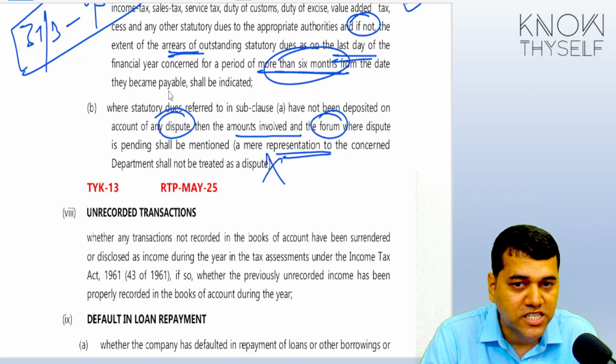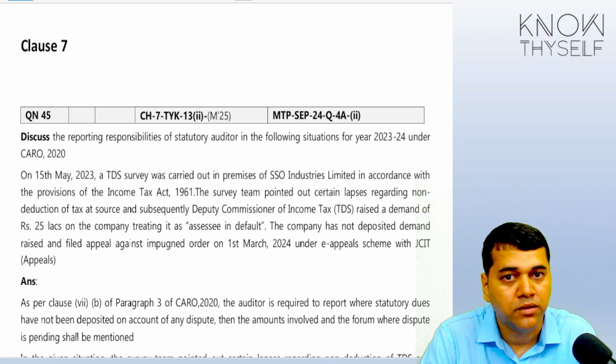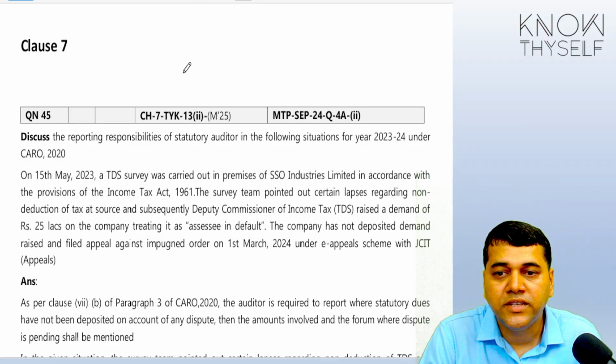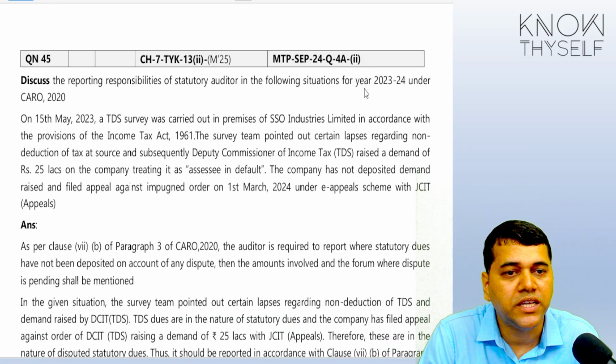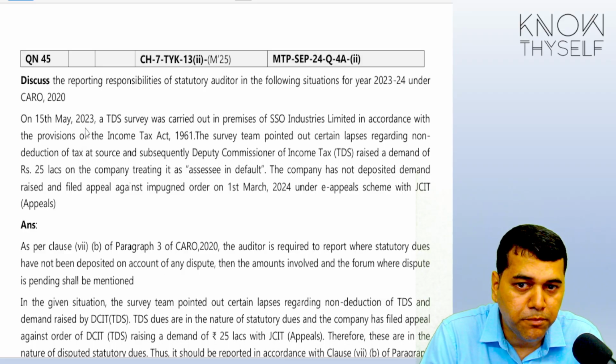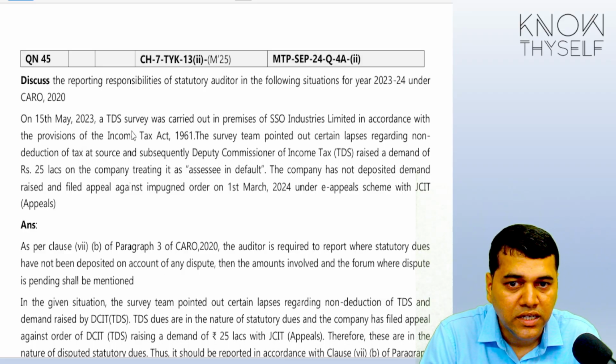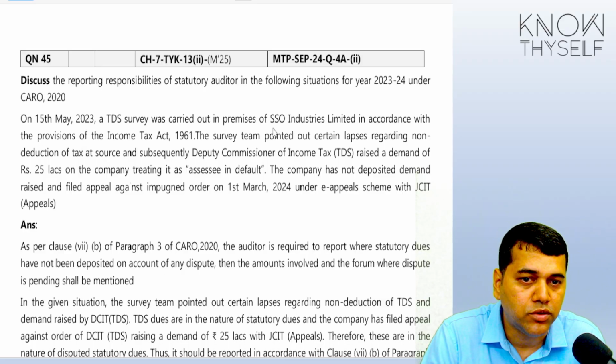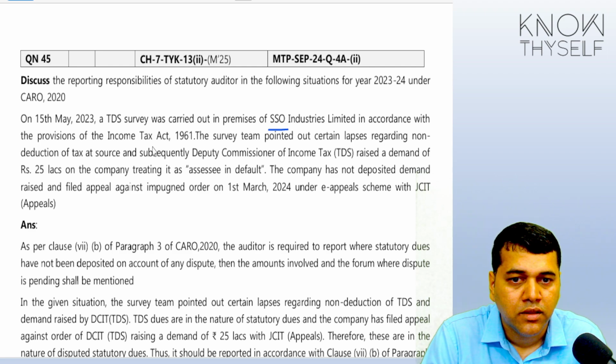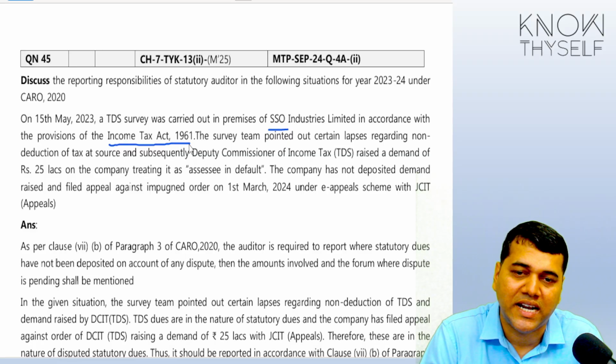Okay, let us see one test your knowledge question. I told you this is important. Mark it. Discuss the reporting responsibility. On 15th of May 2023, a TDS survey was carried out in the premises in accordance with the provisions of the Income Tax Act.